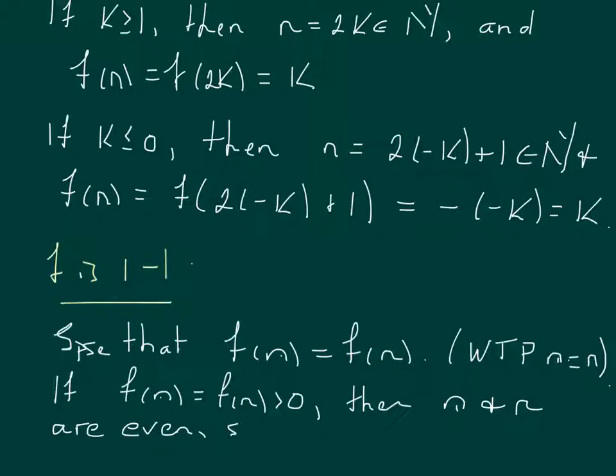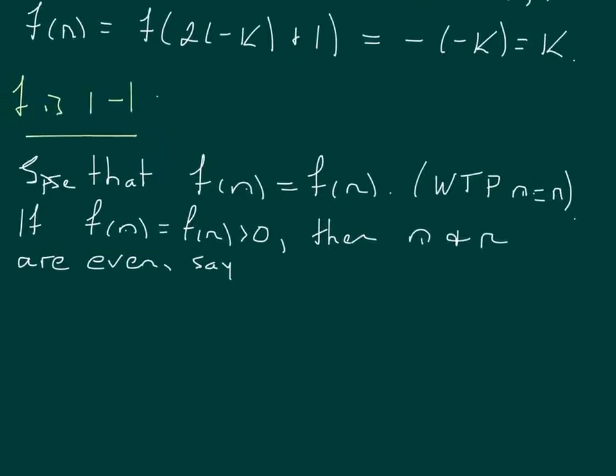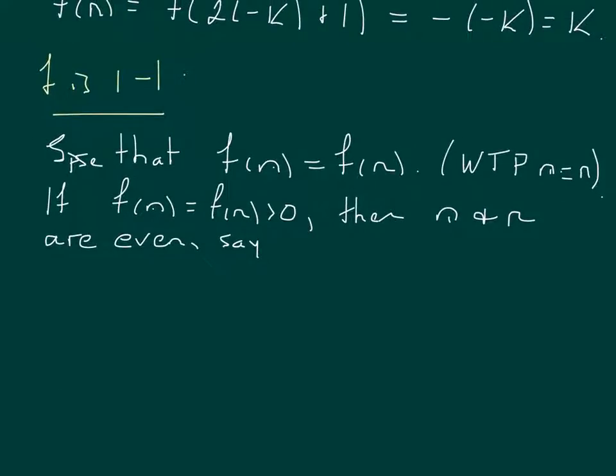All right, so let's say m looks like a 2k, and n looks like a 2l, for some k and l. Well, then, what do we know?